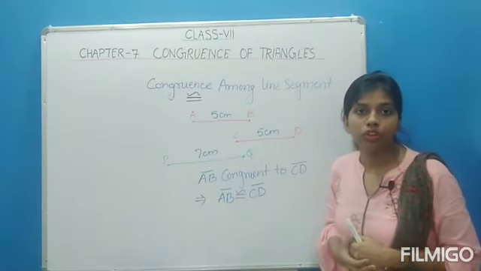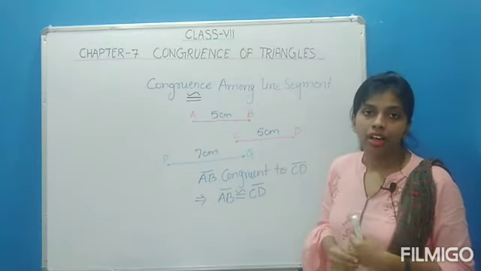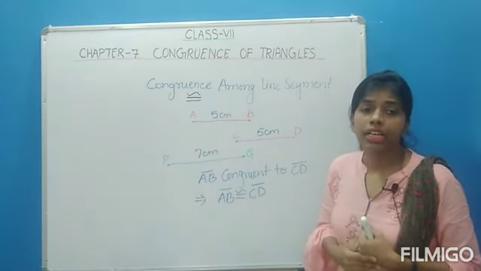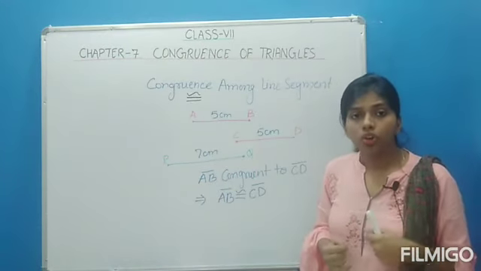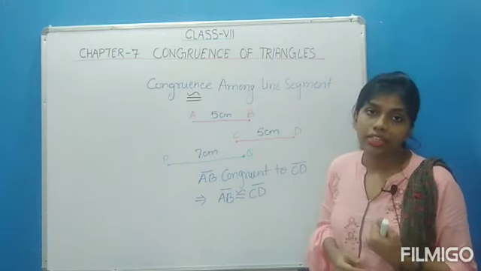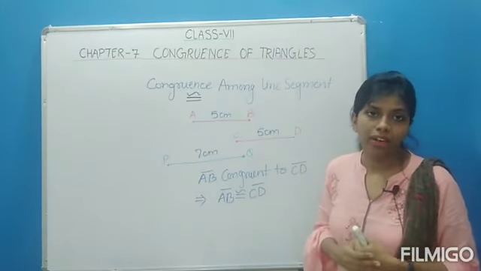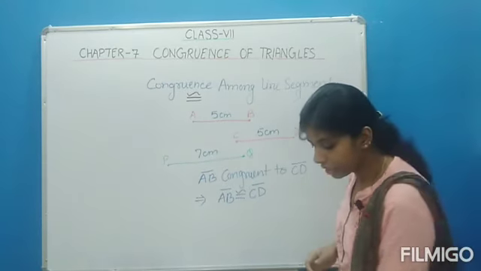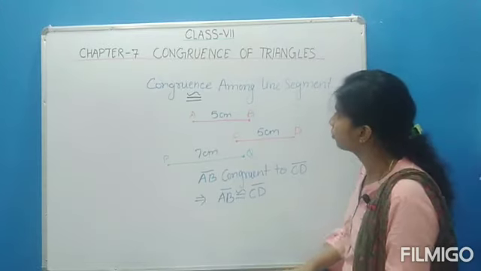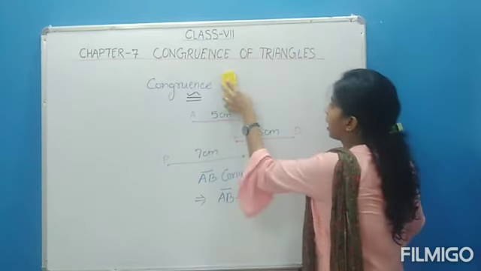Now we're going to discuss the second aspect, that is how we know that two angles are congruent. We're going to discuss congruence of angles.